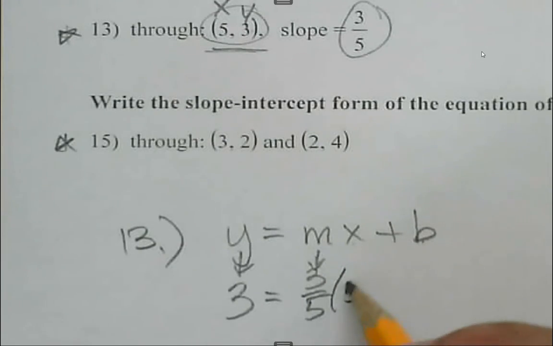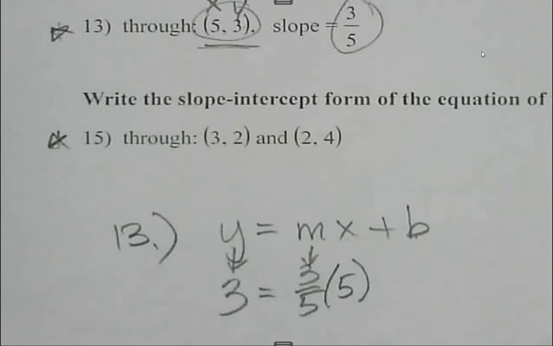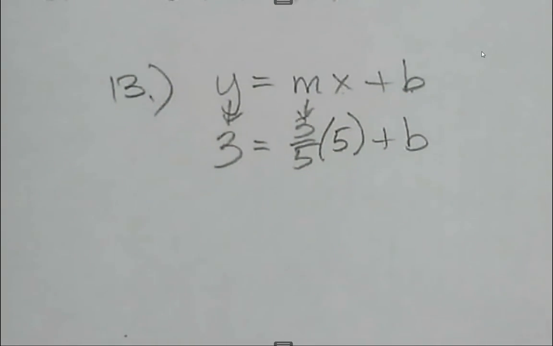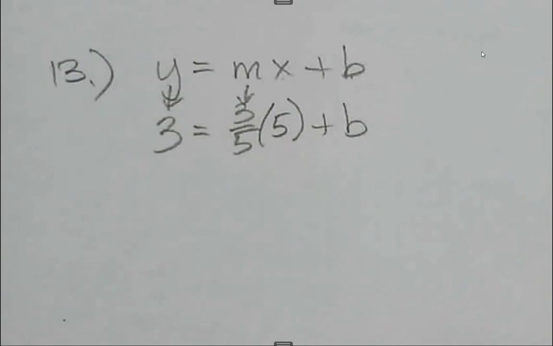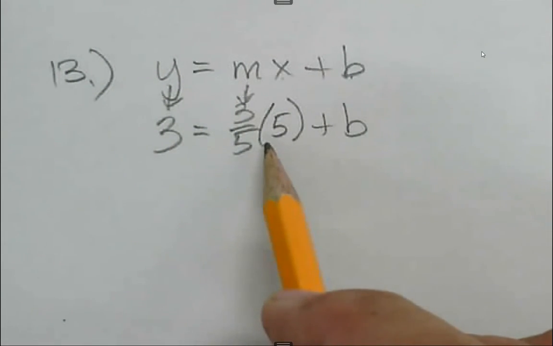Now you'll notice I'm going to put parentheses because I want to indicate that there is some multiplication going on here. There's multiplication between the slope and the x, right? So I'm going to go ahead and indicate that, and then I've got plus b. So the b is what I really don't know at this point. So now if you look at my equation, really what I'm solving for is b. I don't know what b is, but I can try to work out the rest of this stuff.